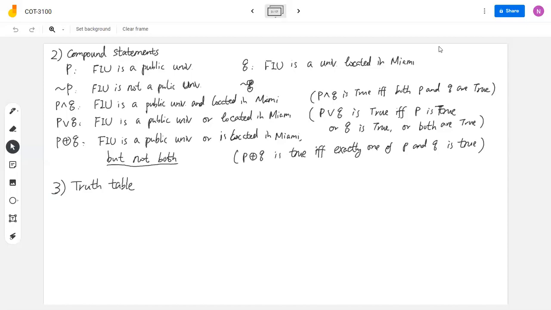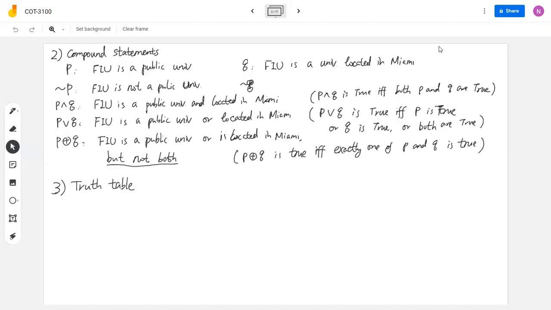Each proposition can take only two truth values, either true or false. And if I have P and Q, there are only 4 possibilities: true true, true false, false true, false false.